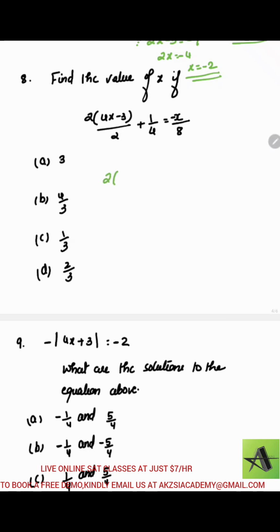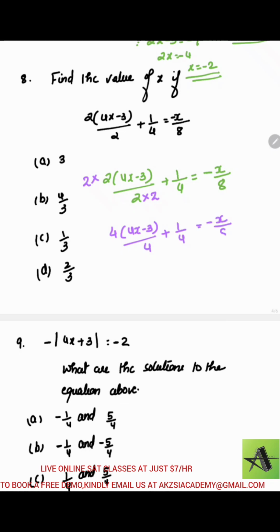So 2 times (4x minus 3) over 2 plus 1 over 4 equals negative x over 8, because the LCM of 4 and 2 is 4. So I need to multiply this with 2 in order to make it 4, and similarly, I'll do the same here. So this will become 4 times (4x minus 3) over 4 plus 1 over 4 equals negative x over 8.